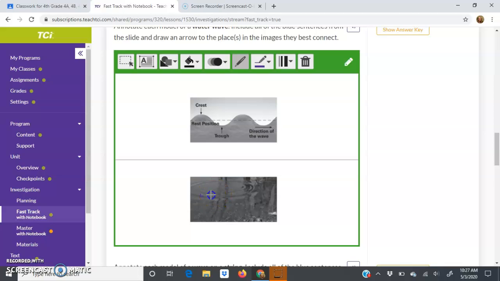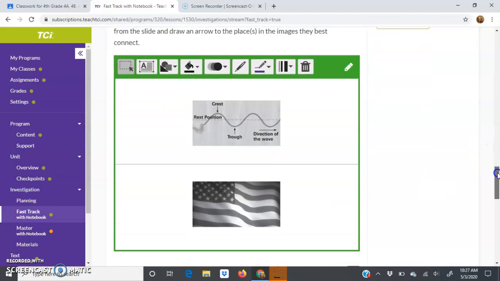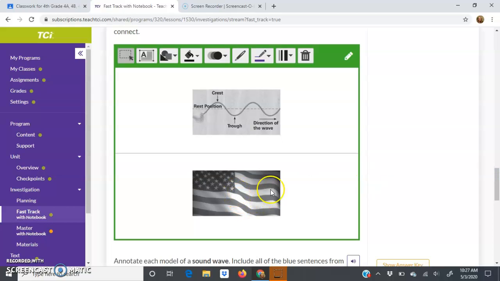So here is the crest. This is a little bit trickier to do, but we know that the trough is going to be the lowest point and the crest is going to be the highest point. So where that water starts to form that top wave, that's going to be the crest. Now I get to show that on the flag. So where do you think I should put the crest?